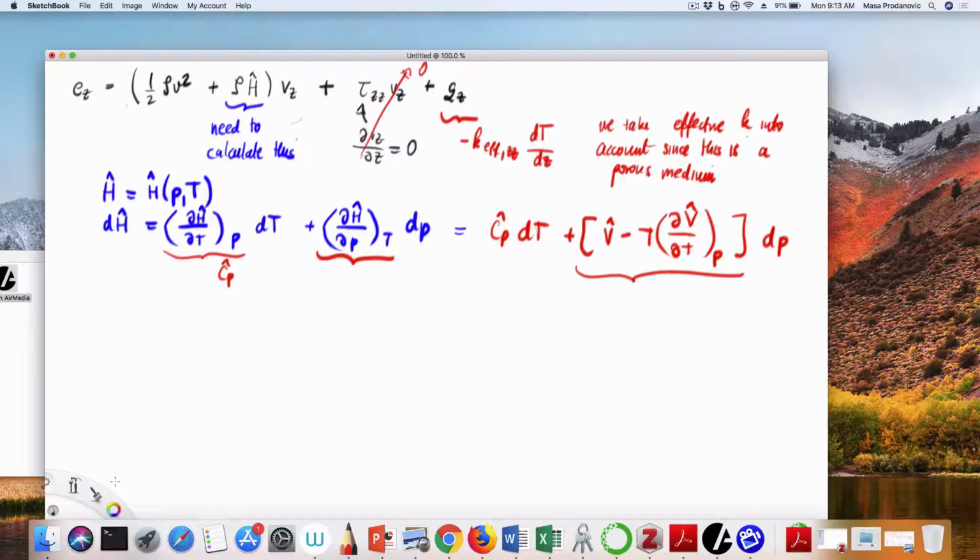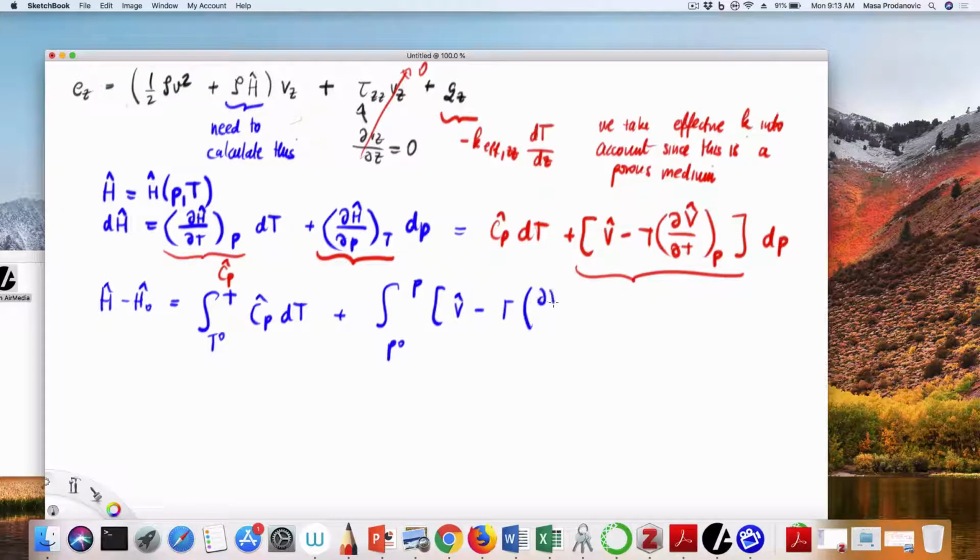So the way I actually get the formula for enthalpy is by integrating this from some reference state, and that reference state is P0, T0. So it's the integral from T0 to T of Cp dT, plus the integral from P0 to P of (v minus T dV/dT) dP.